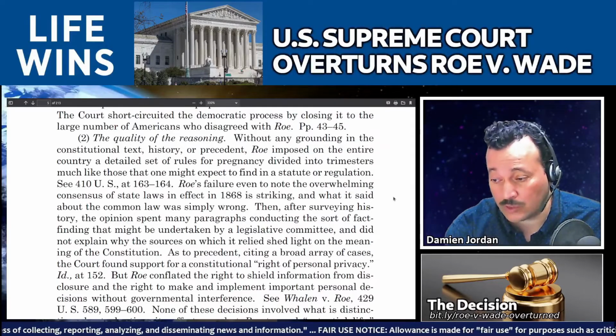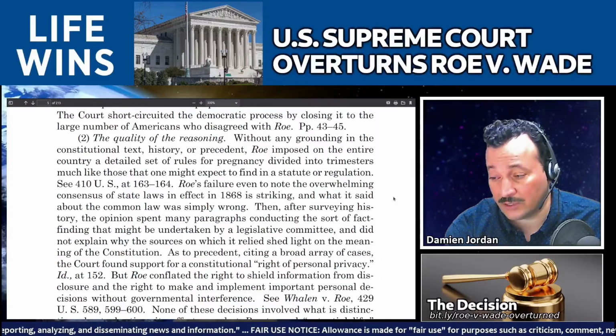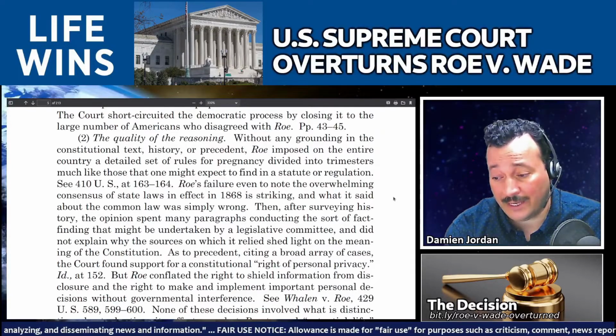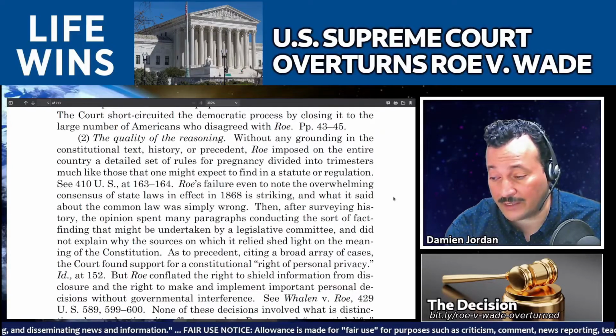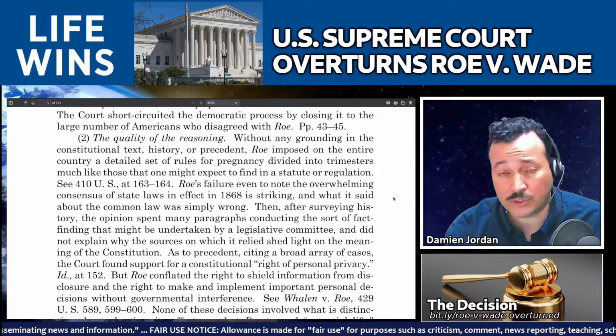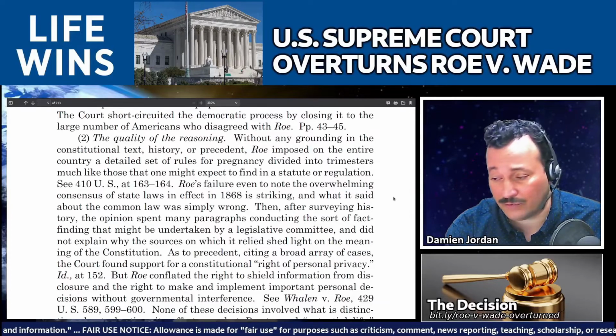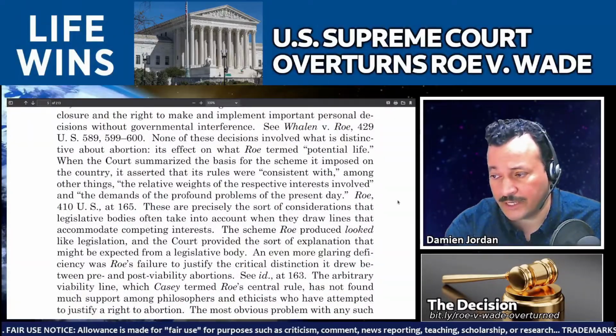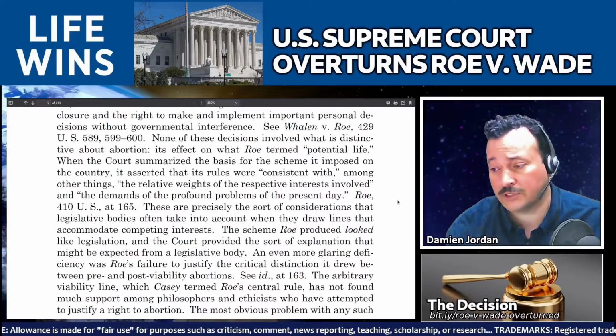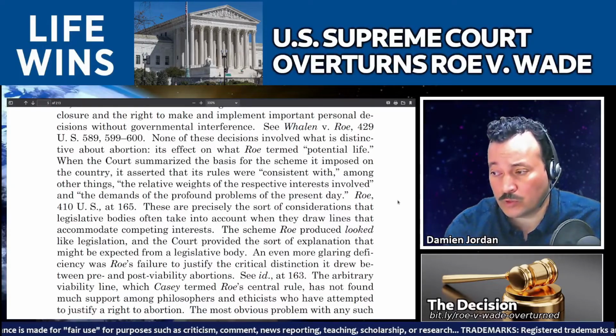But Roe conflated the right to shield information from disclosure and the right to make and implement important personal decisions without government interference. None of these decisions involved what is distinctive about abortion, its effect on what Roe termed, quote, potential life.